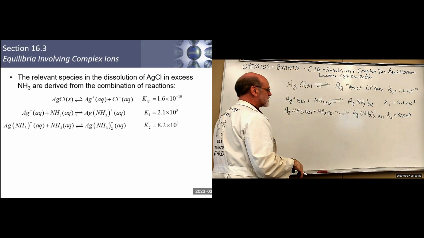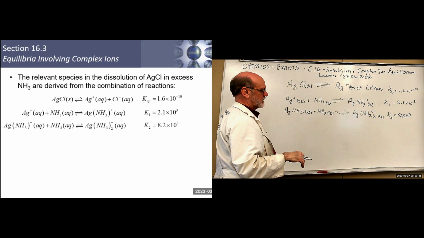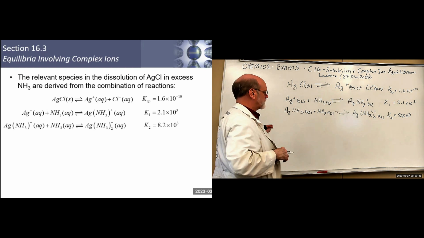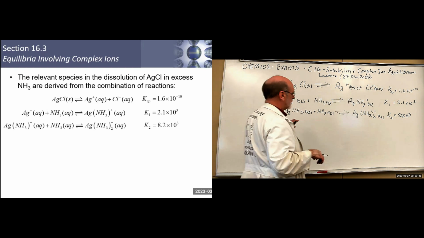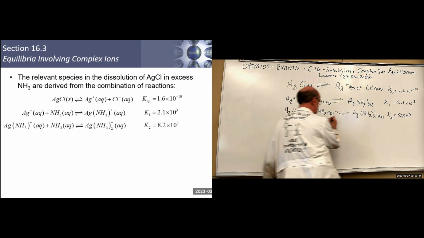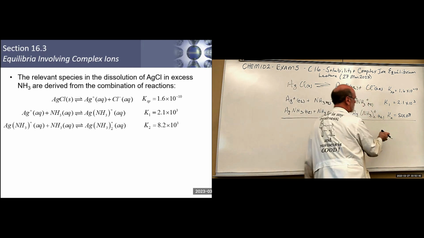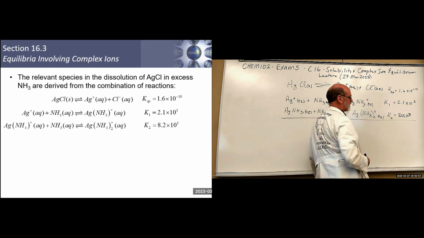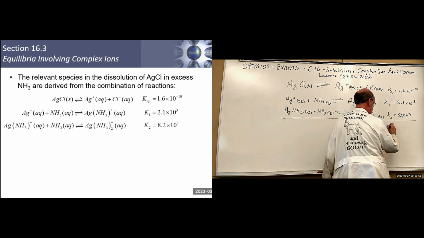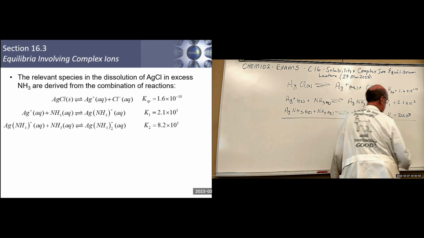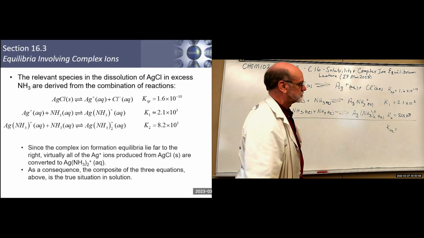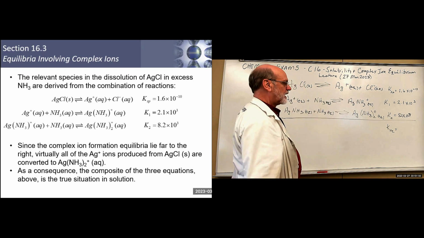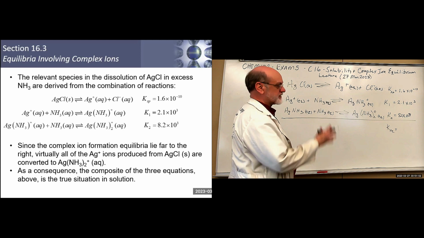But what we're interested in is overall. How can we improve the solubility of this one if we add all these together and multiply those three together to get our final K? That's what we're going to do. Composite the three.